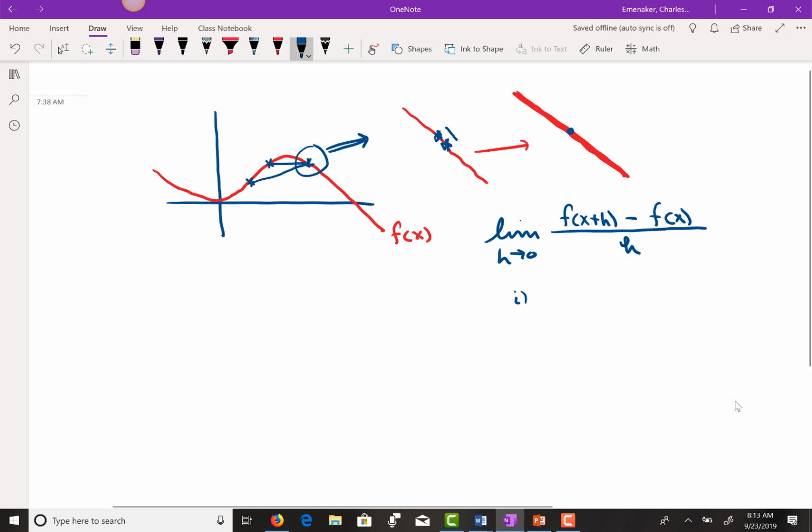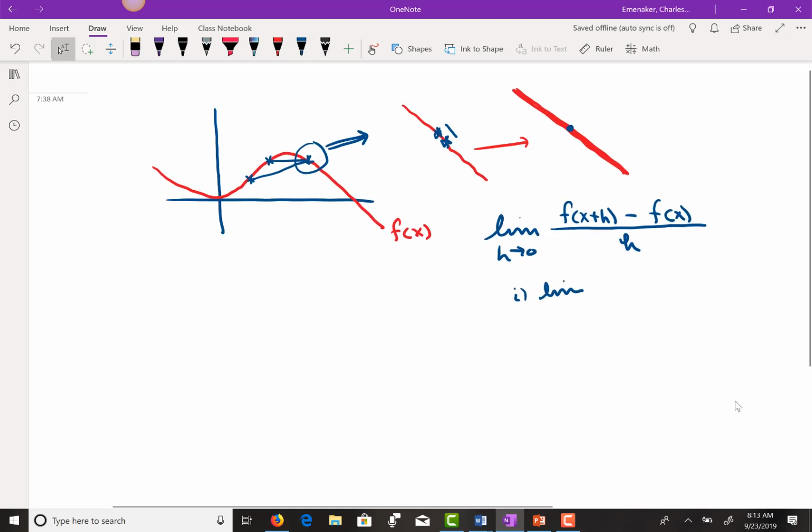First, the limit as h approaches 0 from the left equals the limit as h approaches 0 from the right. If you come in from the left and the right, it's got to look like you're headed to one specific point.